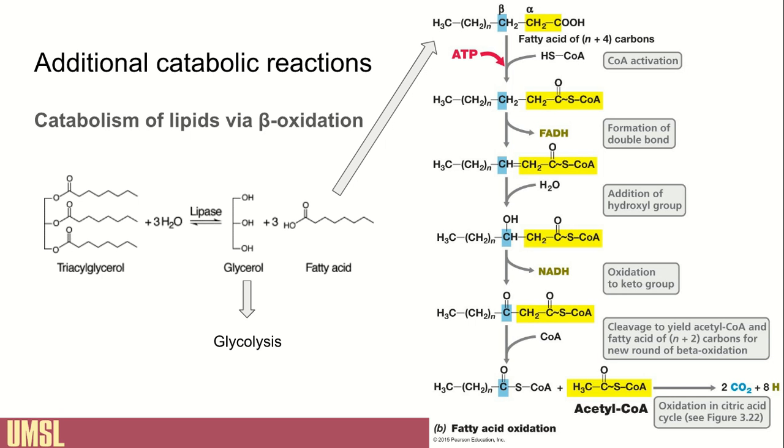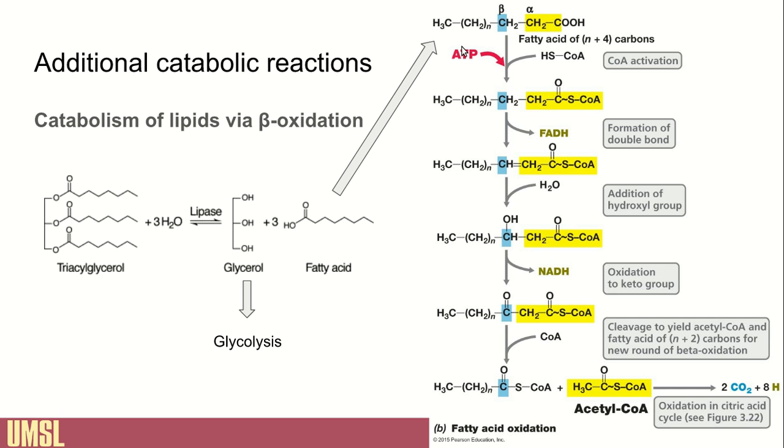So what happens in this process of beta oxidation is that when we look at a fatty acid, there's the carboxyl group, and next to this carboxylate group is what we call the alpha carbon. And next to that, in a very non-creative way, is the beta carbon.